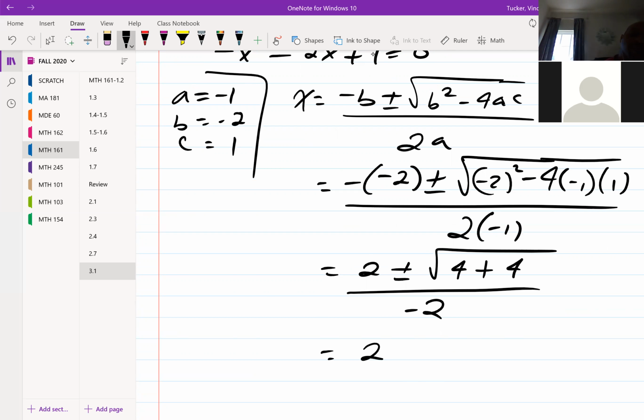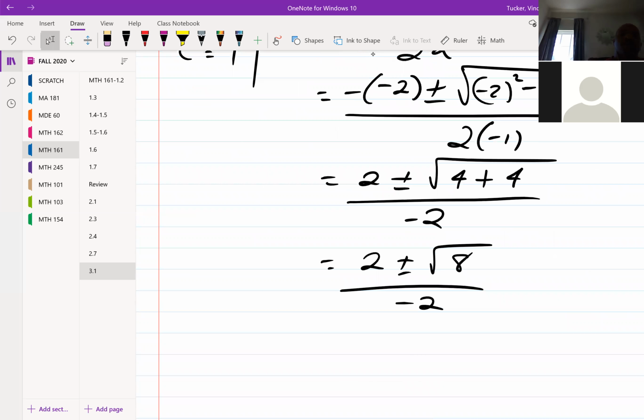All right, 2 plus or minus square root of 8 over negative 2. And since we're trying to graph this, we're going to need the actual decimal values for the points.